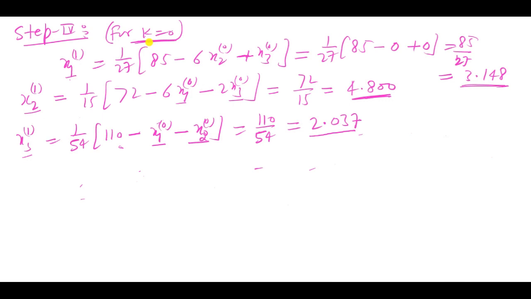Now the second approximation. In the second approximation put k is equal to 1.